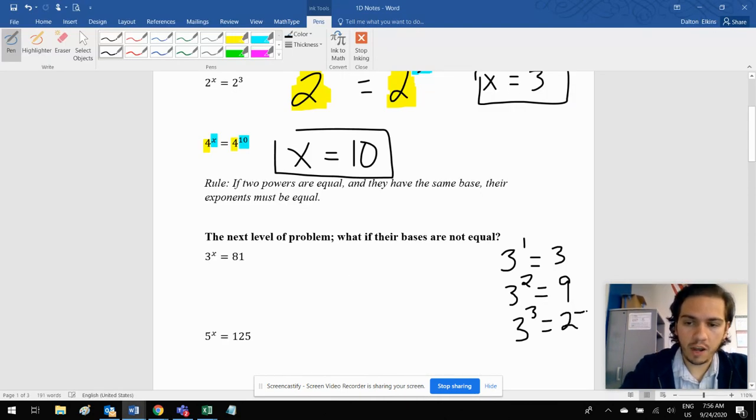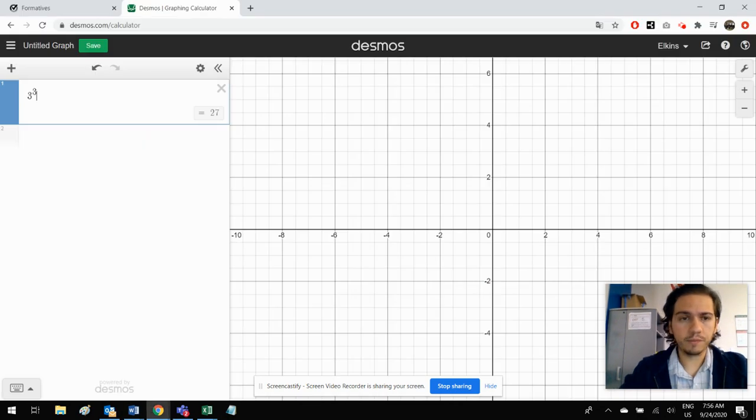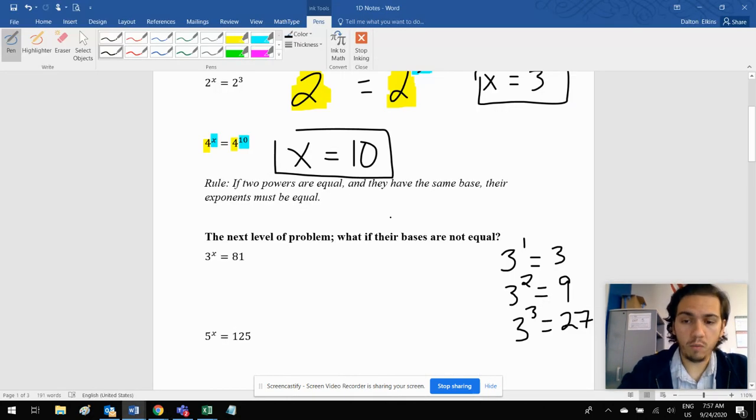Again, we are getting there. It's not 81, but we're getting close. Let's try 3 to the power 4. Okay, that's 81. So 81 is disguised as 3 to the power 4.